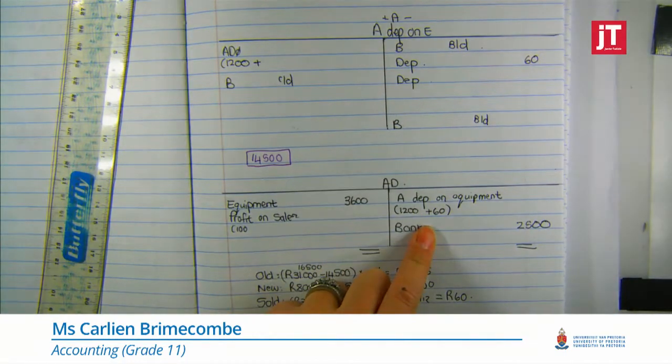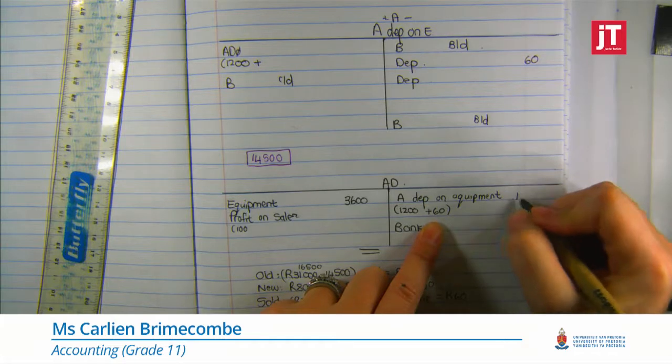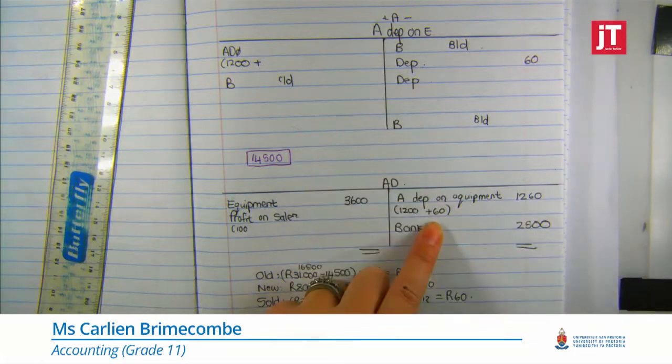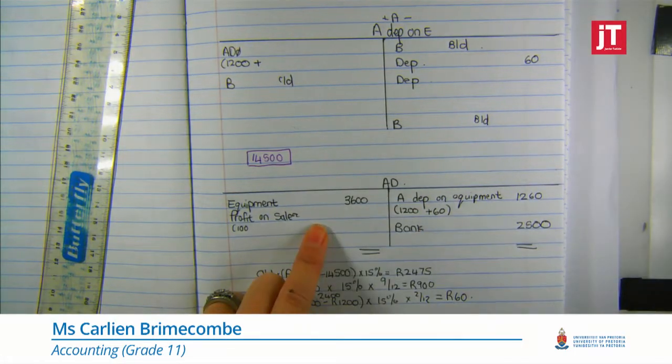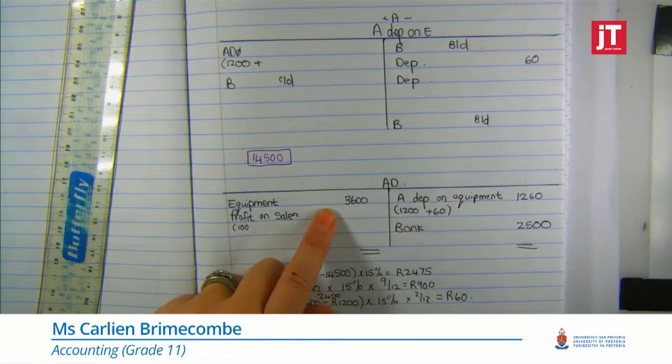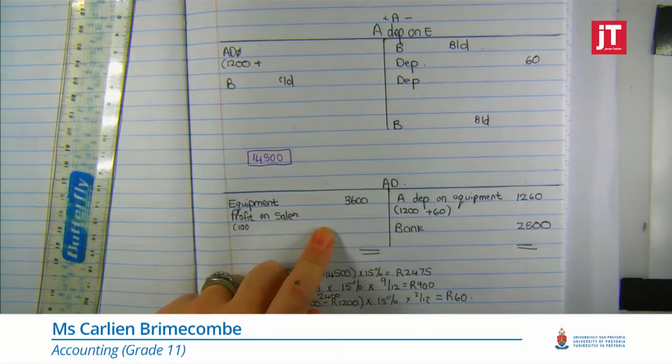So what is the total accumulated depreciation on equipment? So wouldn't that change your profit on sale of asset? Yes. So take the credit side minus the debit side. What is your answer now?